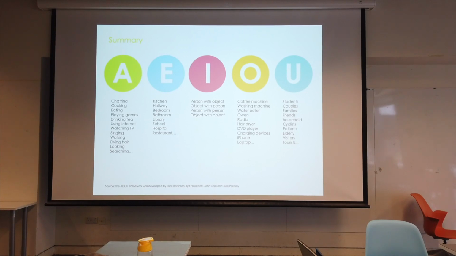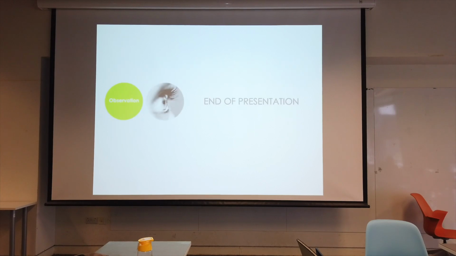And don't forget that observation is not passive. You have to always ask questions and challenge the existing circumstances. Okay? So I think that's all for my part. Any questions so far? If not, we will go to the in-car exercise.